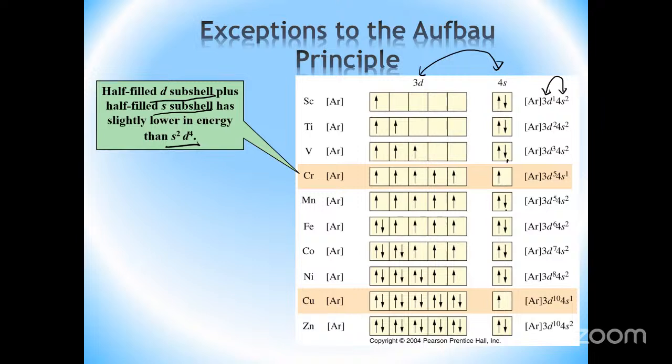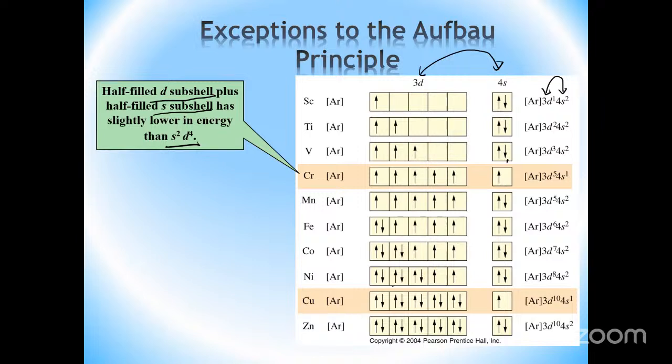Then to get from manganese to iron, you add 1 electron here to give you this. Then you add 1 electron to the iron to get cobalt. That electron will go here, and then we add 1 electron to cobalt to get nickel, and that electron will go here. And then now we get to another exception.